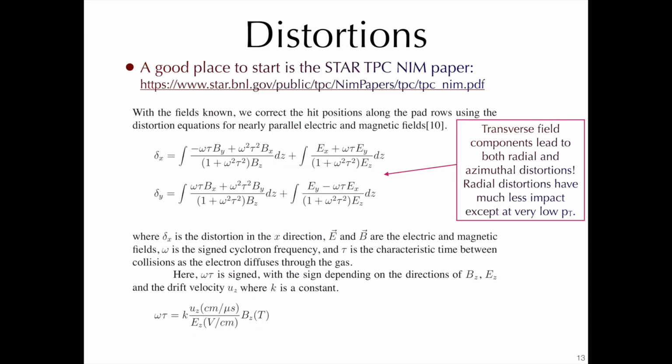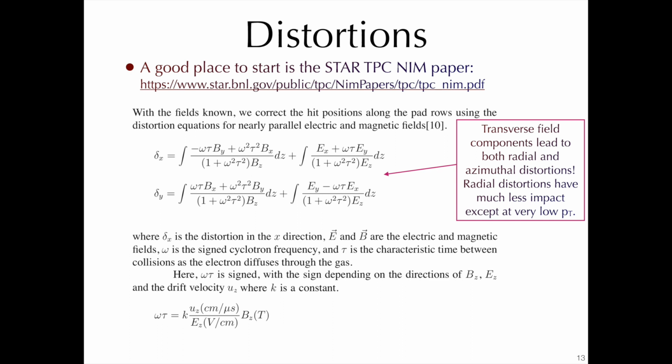All right. I'm not going to spend a lot of time here on how we calculate the distortions. There are some documents on this, for example, the STAR TPC NIM paper, and there have been other presentations. What I do want to say is the distortions are, of course, calculable when you understand what the imperfections are in the magnetic field and the electric field.